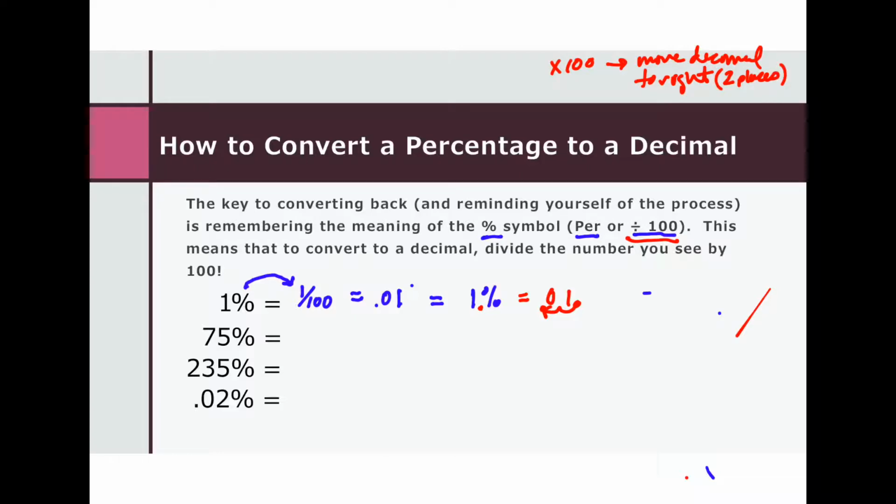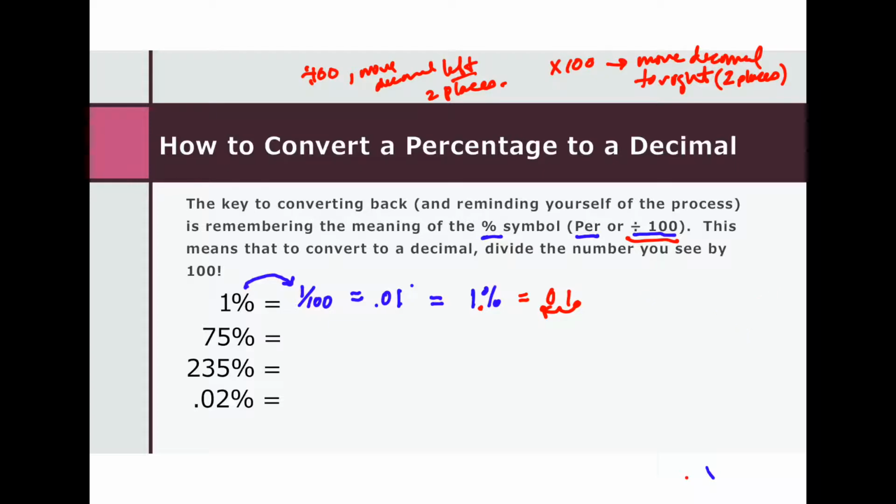And when we divide by 100, we move the decimal to the left 2 places. It's always equal to the number of zeros that you have in that multiple of 10.